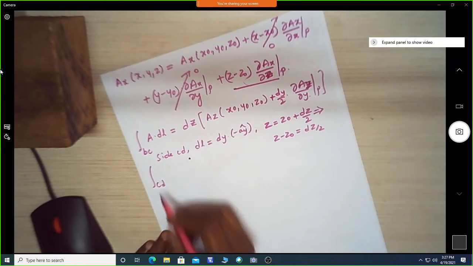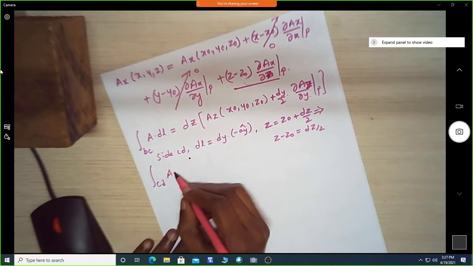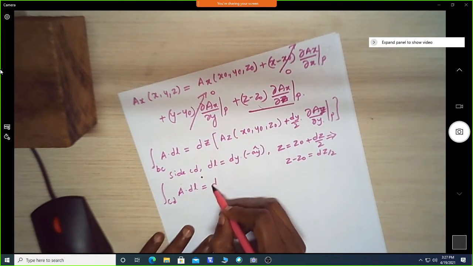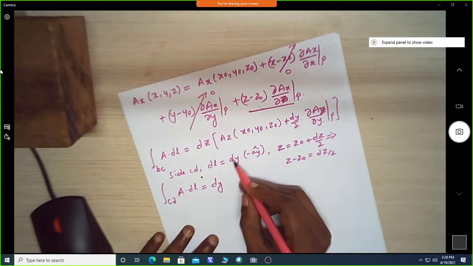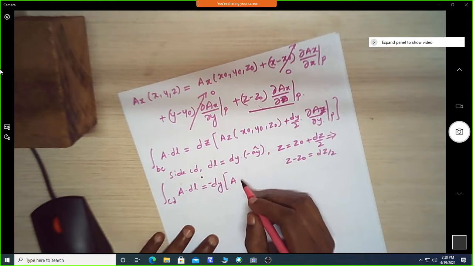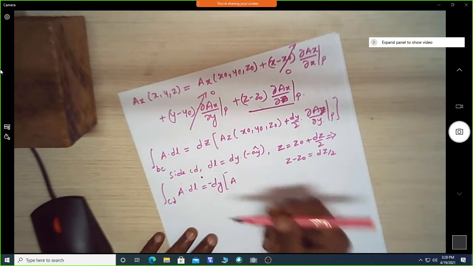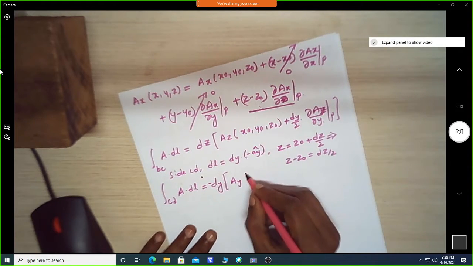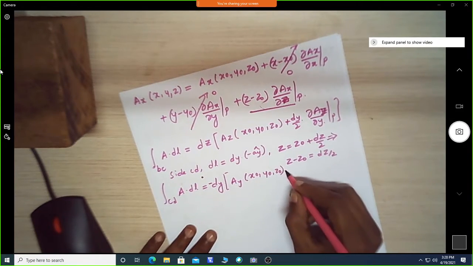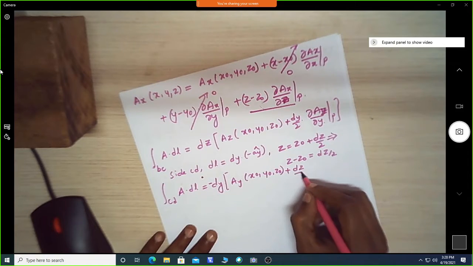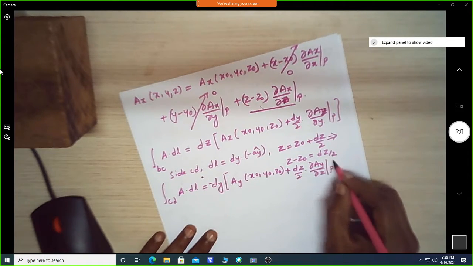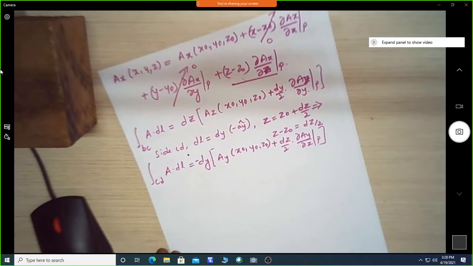Now if I consider the line integral for CD, what will it give? If you multiply, we will get minus dy into the ay component, because the variation is in y, of (x naught, y naught, z naught) plus dz by 2 into del ay by del z at point P. So this is for CD.